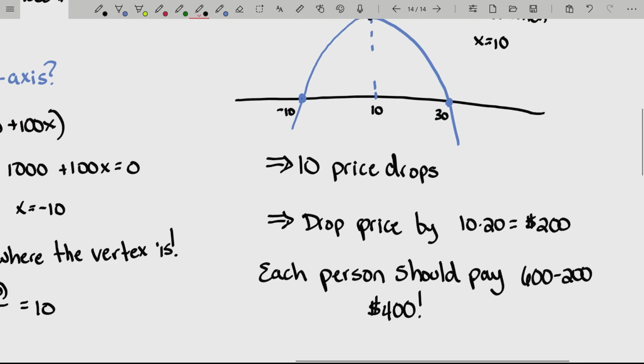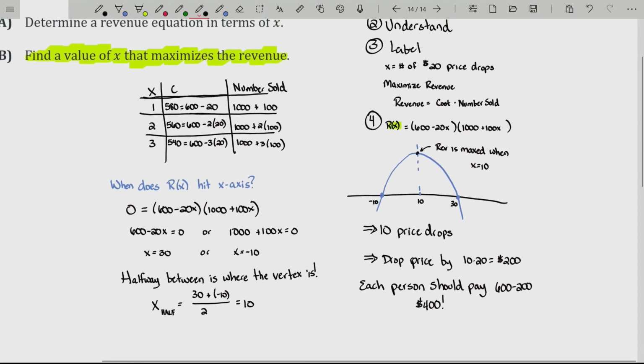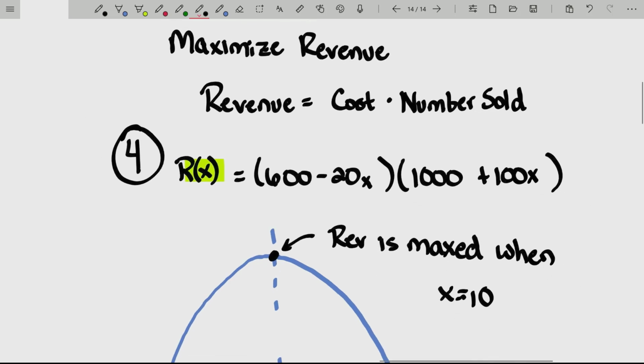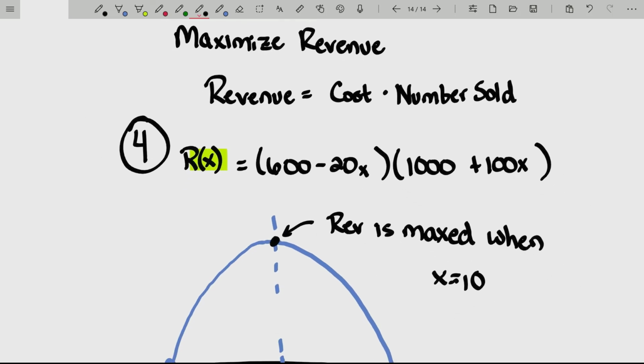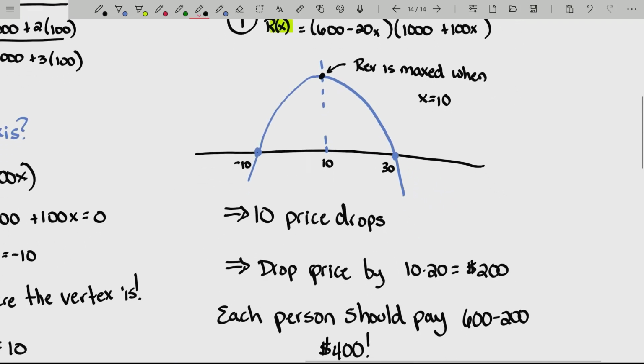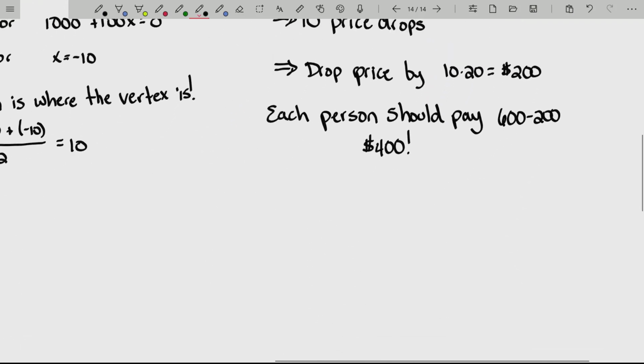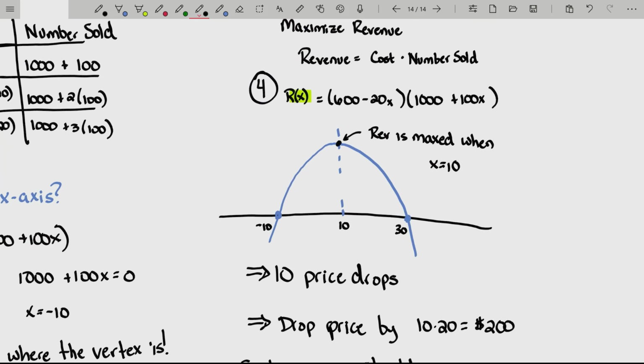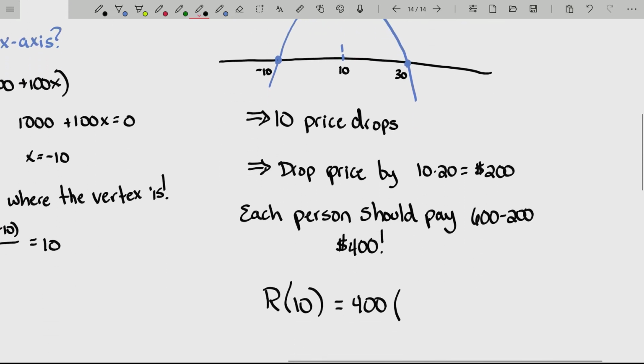And you say, that gets me more money? Yeah, absolutely, it does. The reason why is if you go back to the very top here, if you didn't have price drops, you made $600,000. That seems like a lot, right? However, with the price drops, if you allow x to equal 10 in the revenue equation, R of 10 is equal to 400 times, let's see, 1,000 plus 1,000, so 2,000.